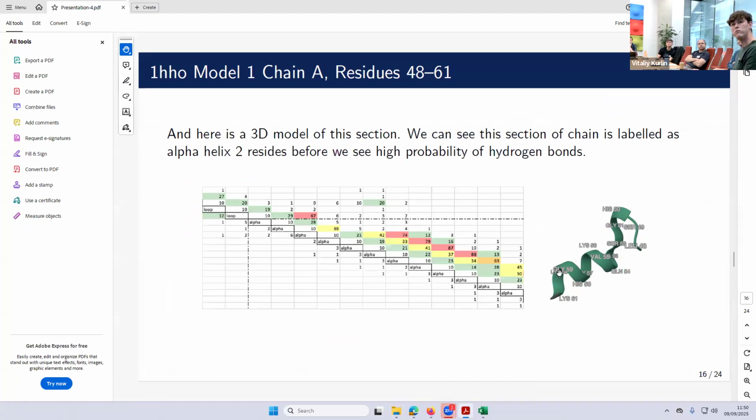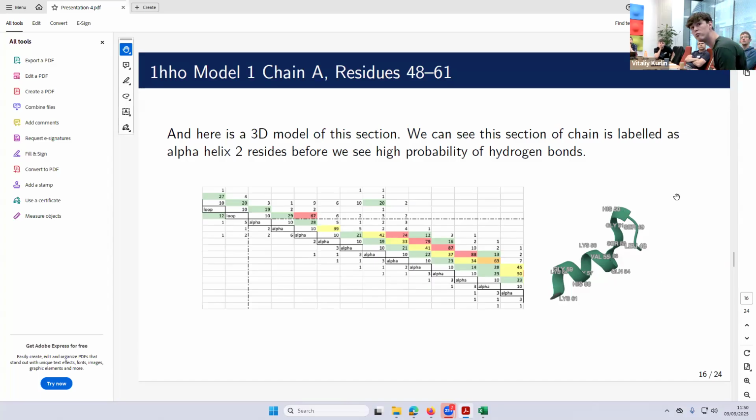So this whole section here, from 48 to 61, is labeled as a helix. And you see this bit here, where we don't see good bond probability. This is actually down as all being one helix here. It doesn't really follow that coil shape we'd expect to see throughout.